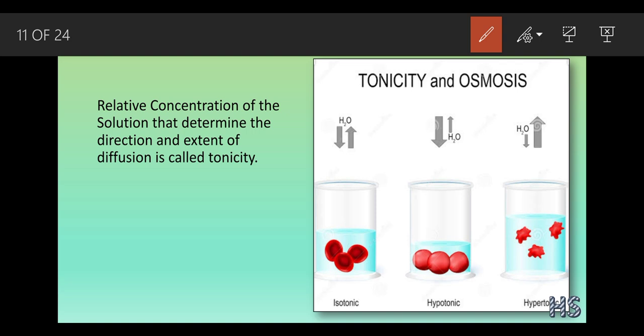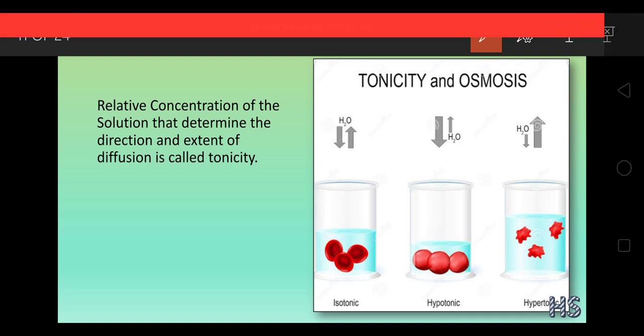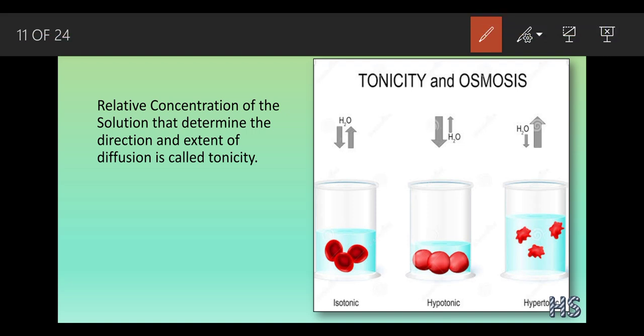Tonicity: the relative concentration of solution that determines the direction and the extent of diffusion is called tonicity. Let's start. There are three types of solution: isotonic, hypotonic and hypertonic.